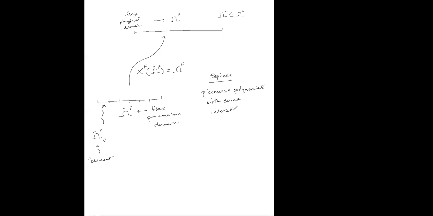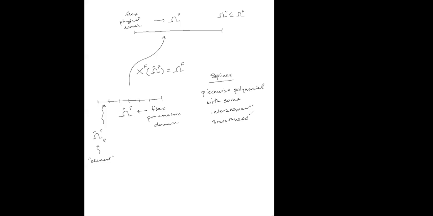Why might we want to do that? Why might that be a good idea? Anybody has experience with splines or just intuitively, why might we want to move away from a single element with increasing degree to a multi-element setting where we can fix the degree but subdivide into more and more elements? Why might that be a positive?